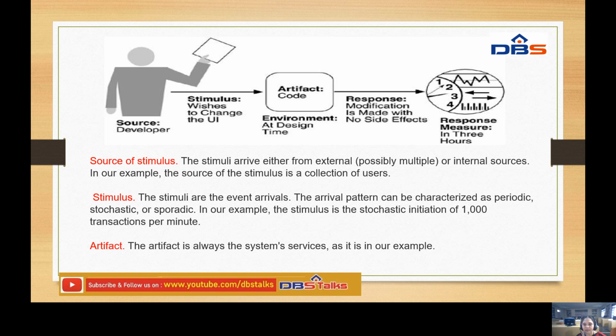The arrival pattern can be characterized as periodic, stochastic, or sporadic. In our example, the stimulus is the stochastic initiation of 1,000 transactions per minute, so 1,000 transactions per minute can be processed.